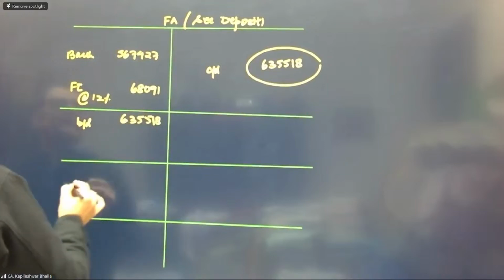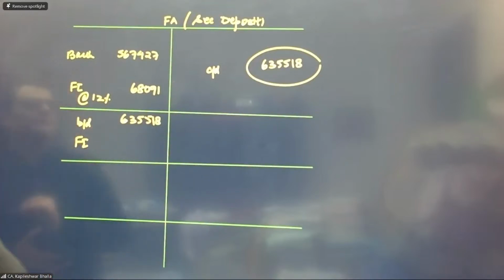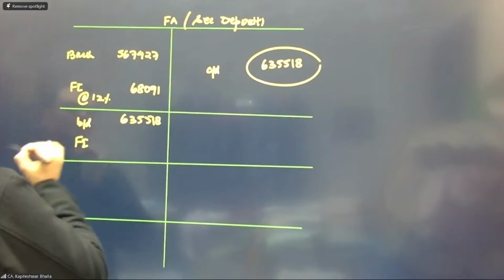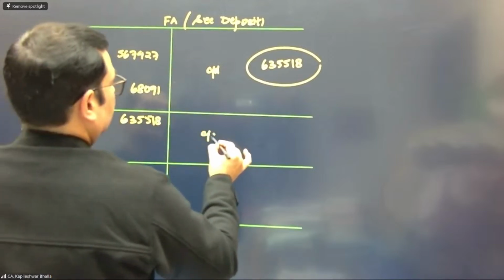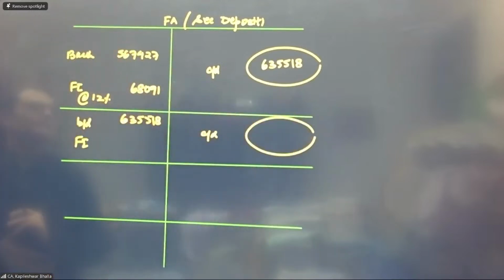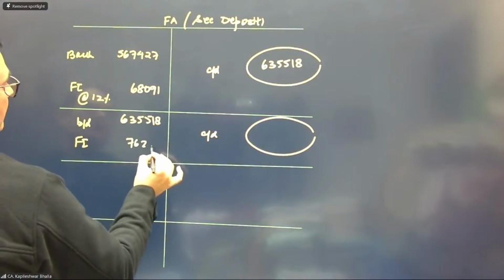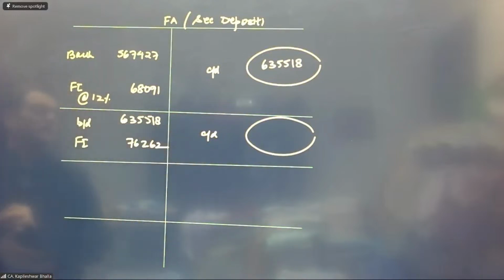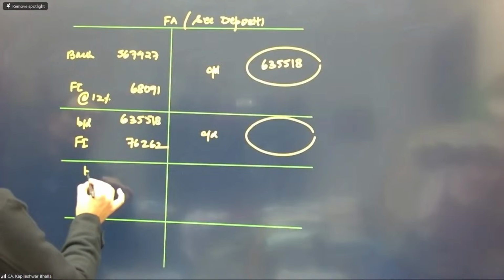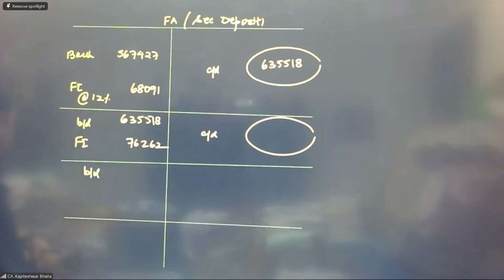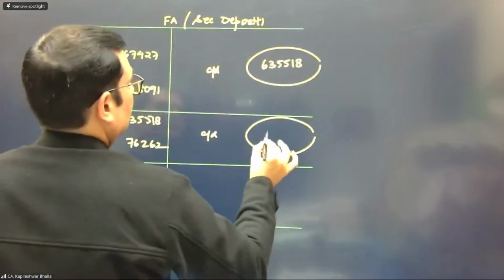Let's again unwind interest income at the rate of 12% on this. So it is 76,262. Let's take the balance c/d again as a balancing figure.